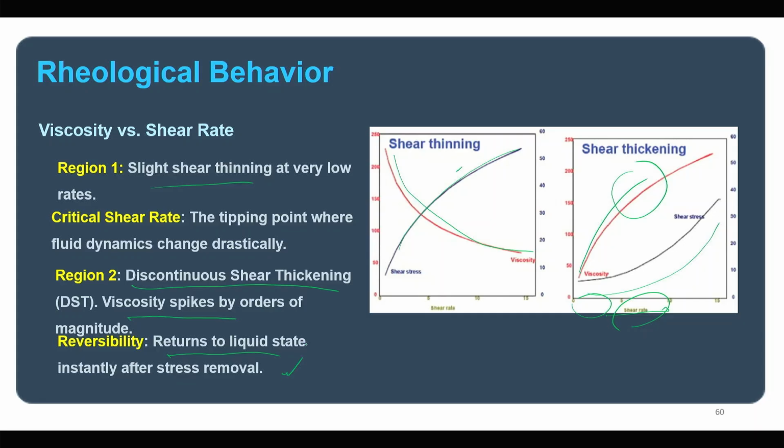So, at high shear rate instantaneously it will behave like a solid, but as soon as the shear stress is relaxed, it will behave like a liquid.